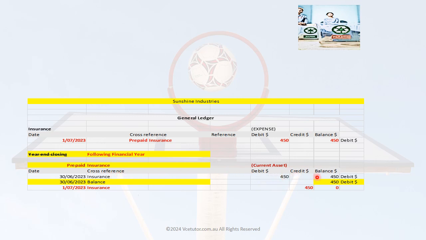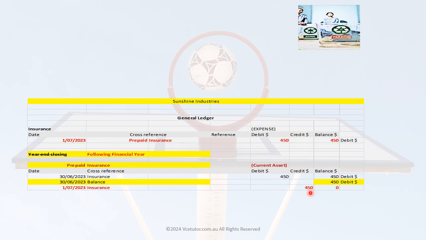You're going to enter in prepaid insurance ledger account. It will have on 30th June, we would have created the prepaid 450. It will have a balance on the debit side 450. And we would have taken that in balance sheet on 30th of June, balance 450 debit. Now on 1/7/2023, we are closing this account.